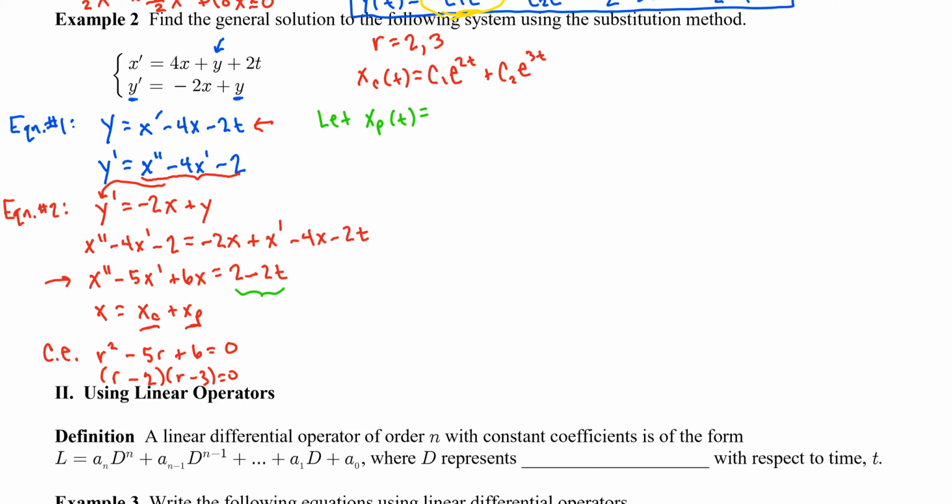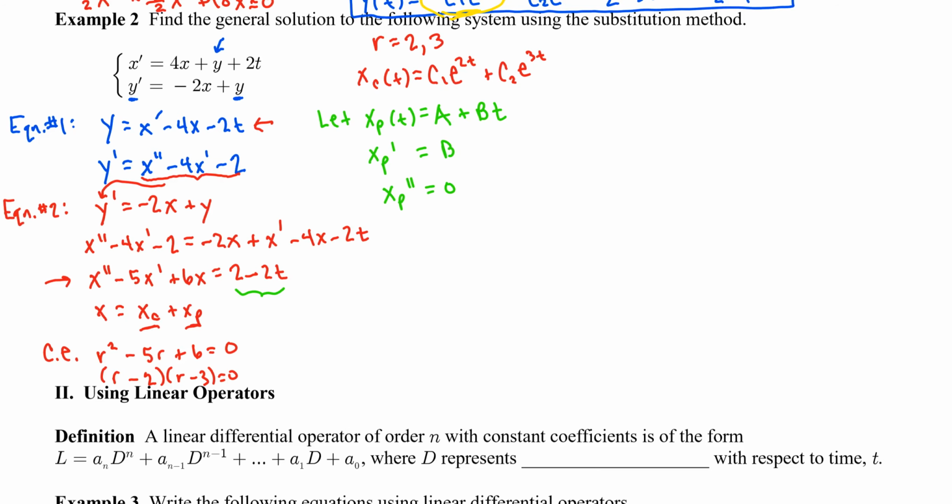So I'm going to assume that x sub p of t has the same nature as our non-homogeneous term. I've got a linear function on the right, so I'm going to write this as a general linear function. Then we're going to plug this into our differential equation. So we're going to need a first and second derivative.